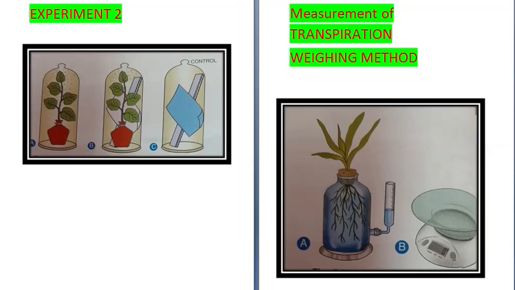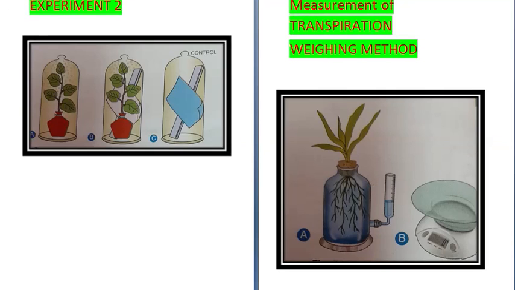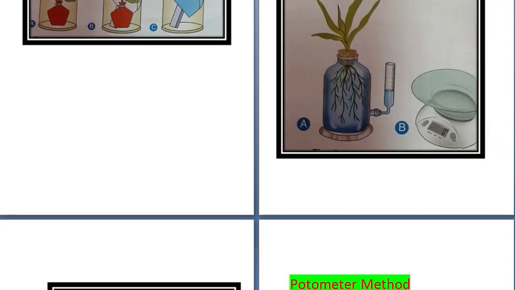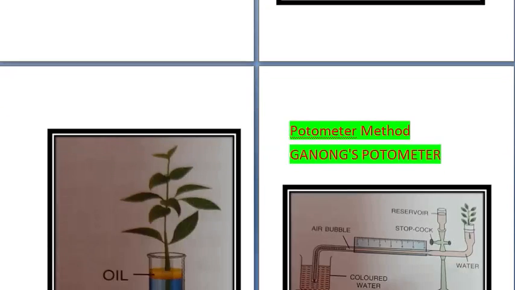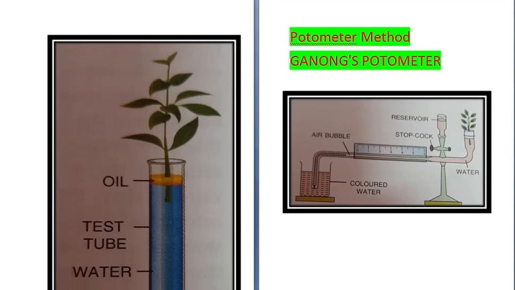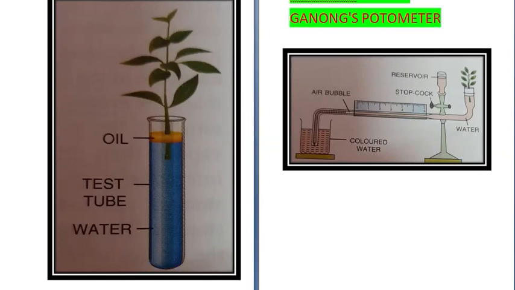Another experiment for measuring transpiration is to take a test tube containing water and a twig of a plant, and on top you can spread some oil to prevent loss of water through evaporation. Weigh the test tube.